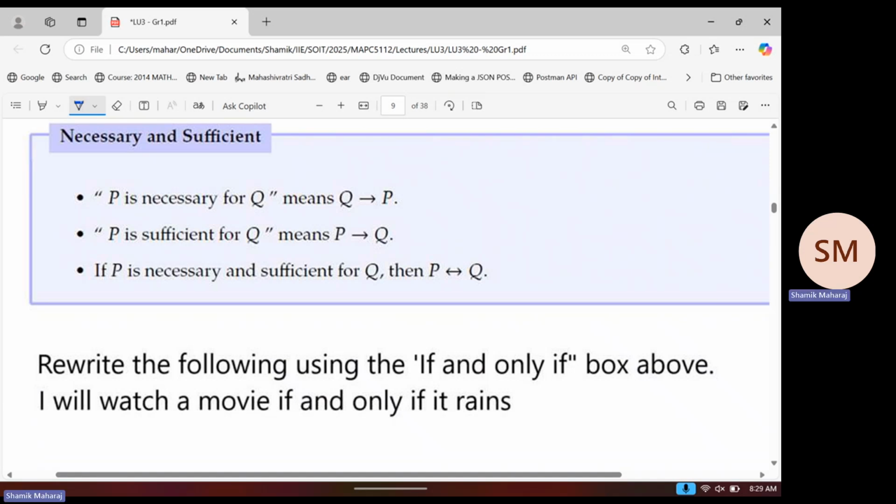And if something is necessary and sufficient, then it's a double-sided arrow, which means it's an if and only if, that we see at the bottom there. And if and only if can be rewritten as implications as well, which we just saw above.